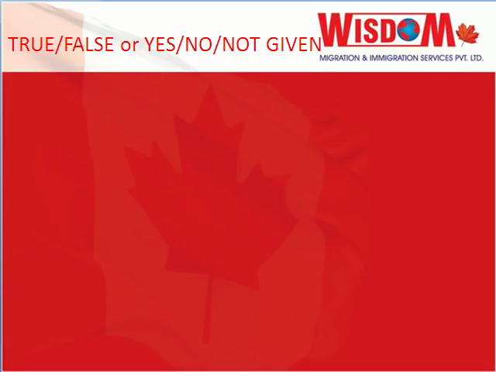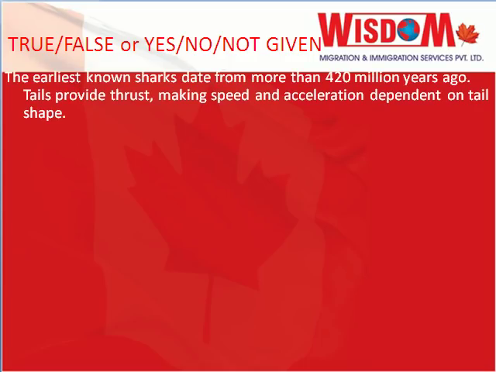Next is the true-false or yes-no-not given type of questions. These are also another tricky type of questions. Here is a sample question for you. The earliest known sharks date from more than 420 million years ago. Tails provide thrust, making speed and acceleration dependent on tail shape.